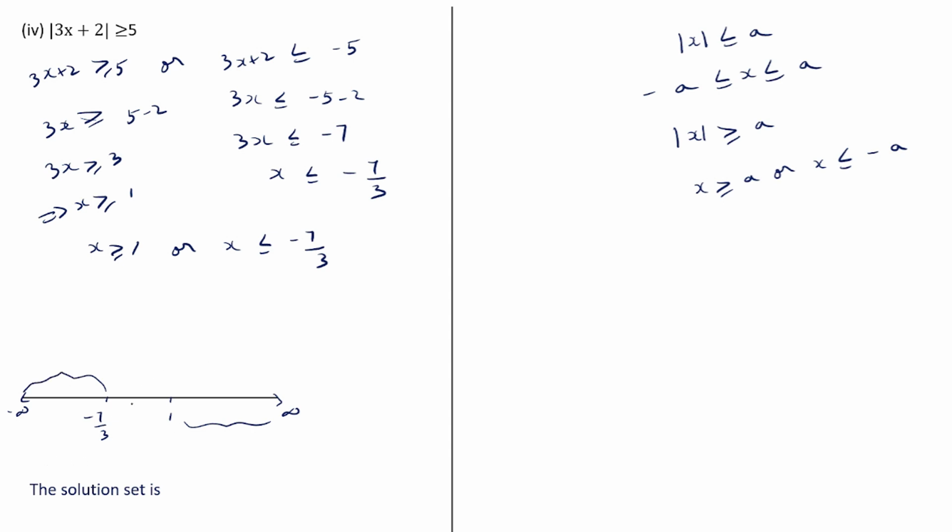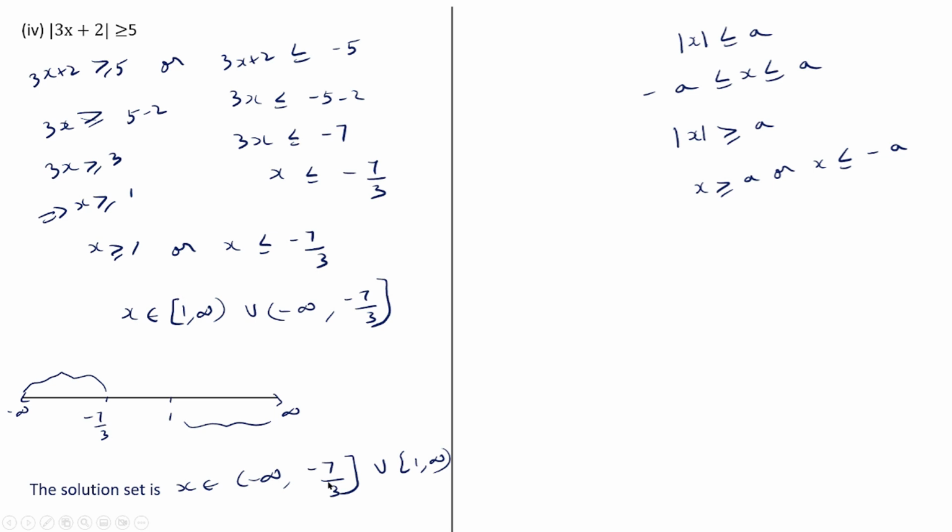So we have x belongs to closed 1 open infinity, union open minus infinity closed minus 7 by 3. Therefore, the solution set is x belongs to open minus infinity closed minus 7 by 3, union closed 1 open infinity. So this is the solution set.